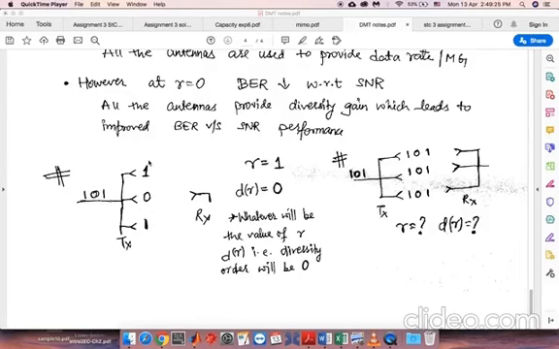So what would be the rate gain and the diversity gain for this particular system over this scheme? According to the formula, R is min(NR, NT), so R would be 1.